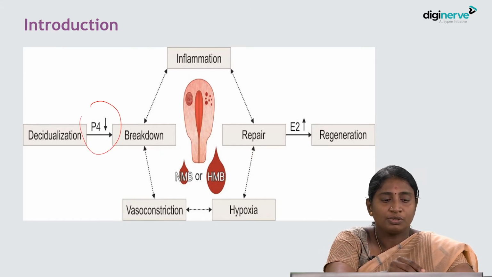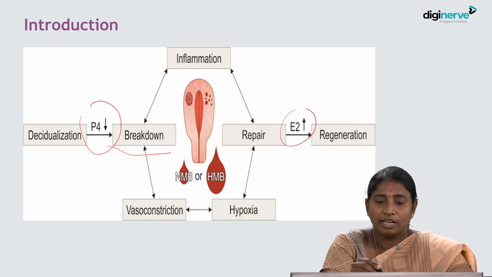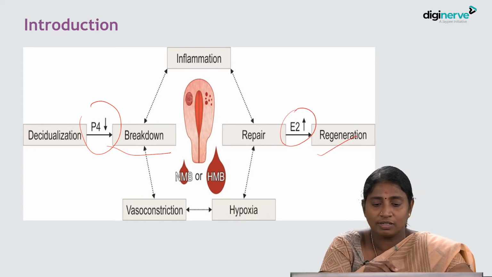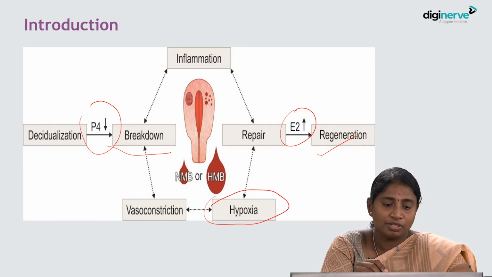Progesterone withdrawal leads to breakdown of this endometrium, whereas estrogen helps in the regeneration process. Hypoxia is likely to play a vital role in the endometrial repair process.